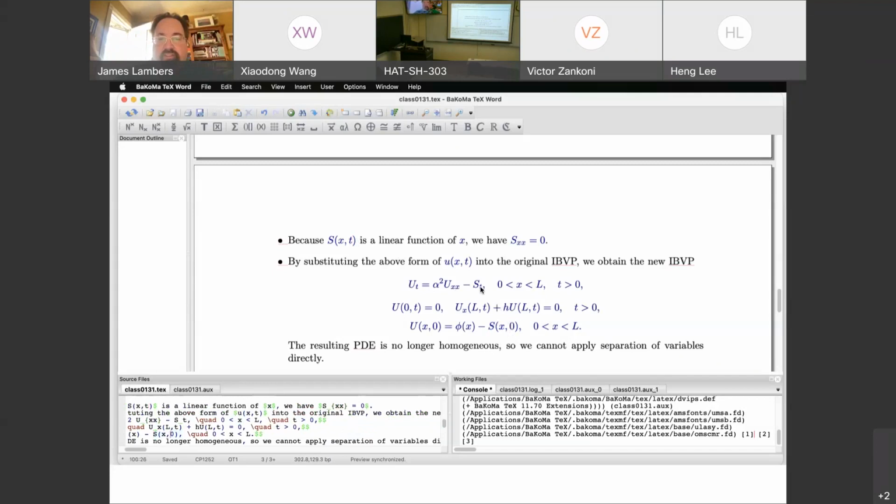Now your PDE is changed, though. So because S depends on t, ds dt is non-zero. It has to be subtracted off.